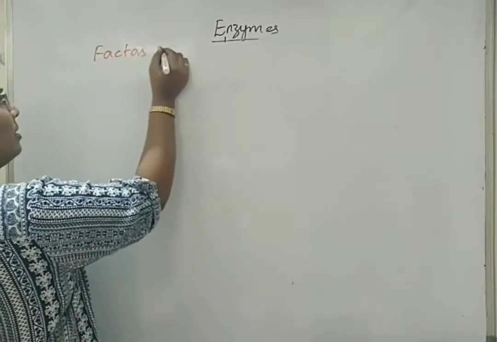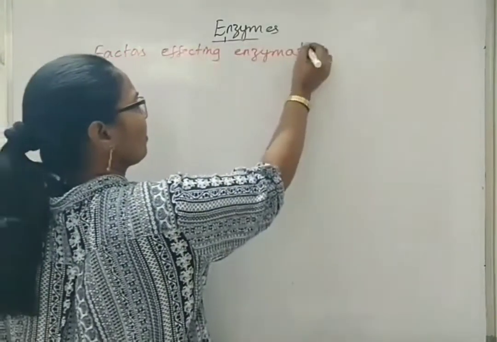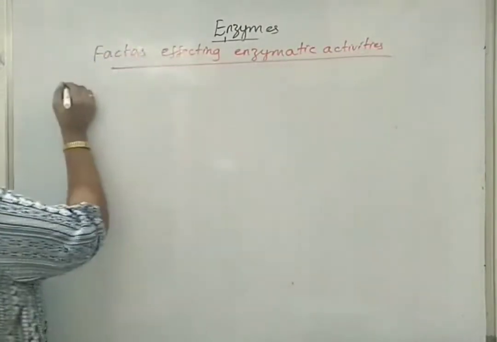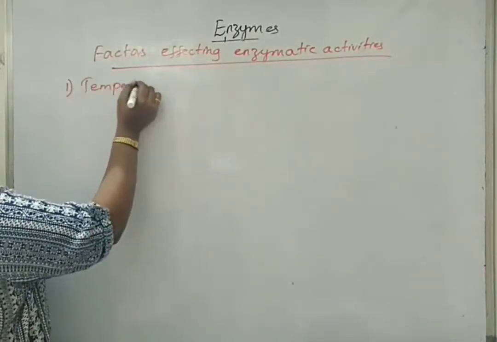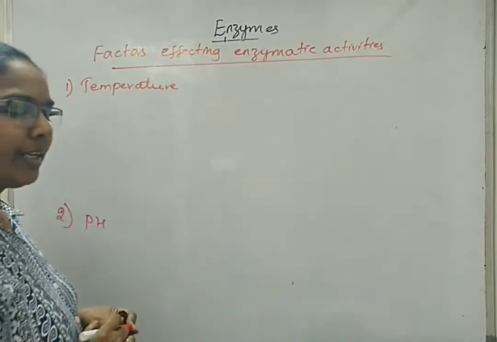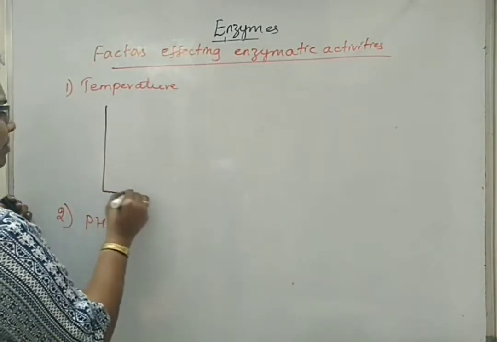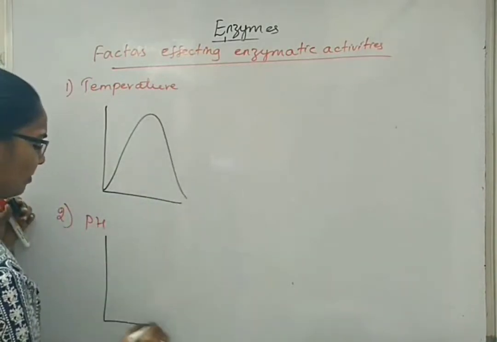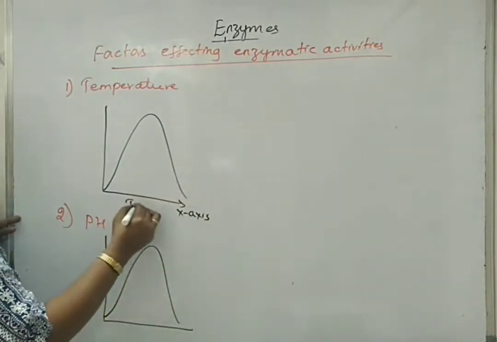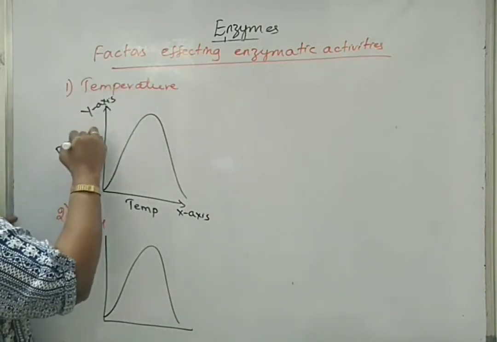For both temperature and pH, the factors that affect enzymatic action, the graph looks the same. On the x-axis we take temperature, and on the y-axis enzymatic activity.